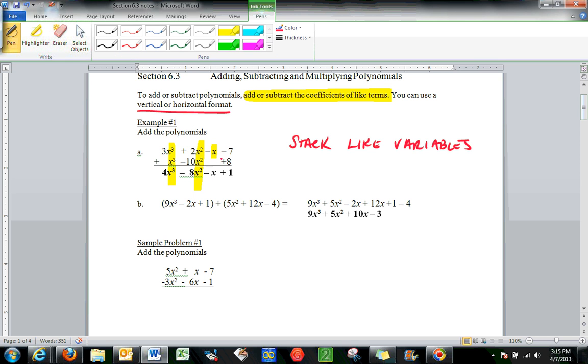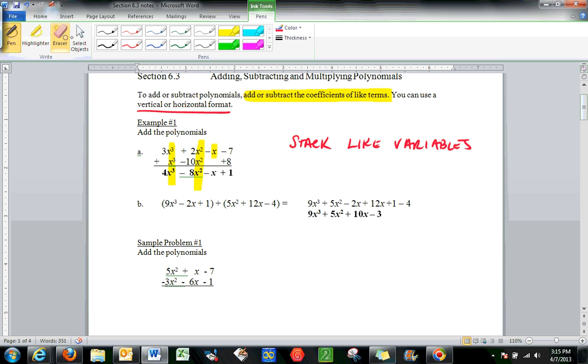The second polynomial doesn't have an x term, so we would need to leave that blank. And then at the end, we have all of our constant terms stacked up. This is not a problem whenever we're dealing with a horizontal format, but when we're dealing with a vertical format and we're stacking one on top of the other, we have to make sure we leave spaces open and we get all of the like terms stacked on top of each other.